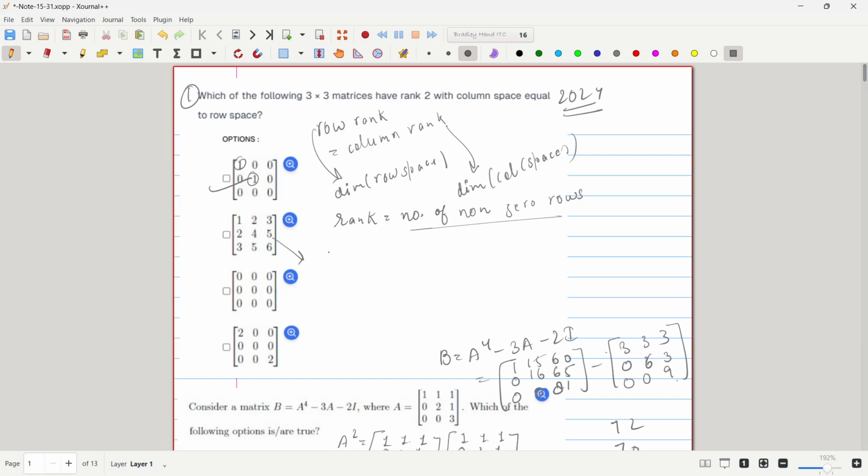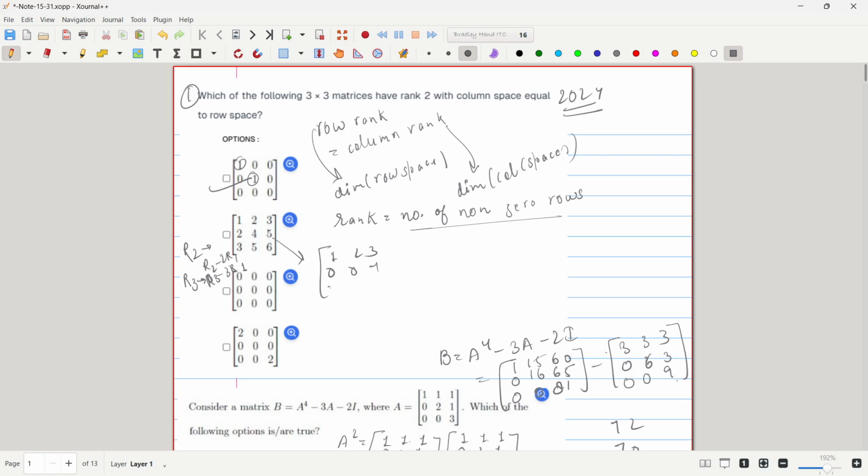For the second option, you have to convert it to REF form. So 1, 2, 3. 2 minus 2 is 0, 4 minus 4 is 0, and 5 minus 6 is minus 1. I have applied R2 equals R2 minus 2 times R1, and R3 equals R3 minus 3 times R1.